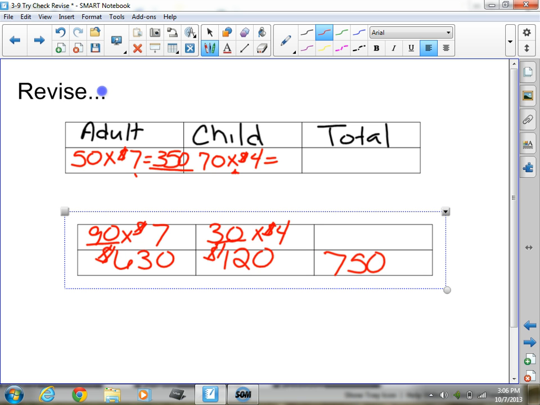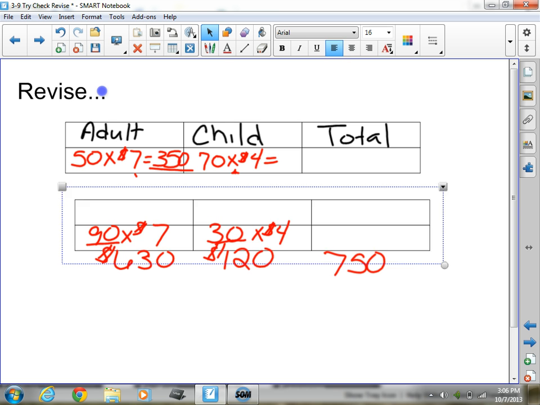So let's go in between these. 720 is pretty close to 750. So let's back down just a little bit. We don't want to go too much further down because we're pretty close to where we are right now.